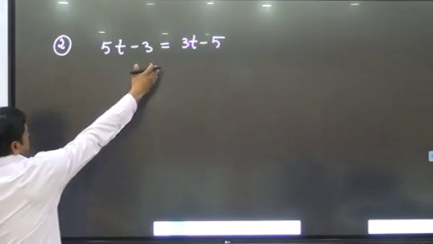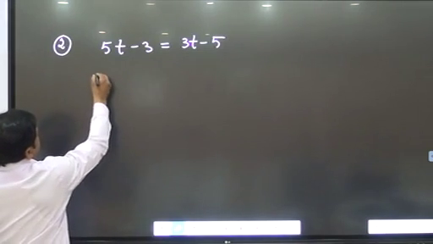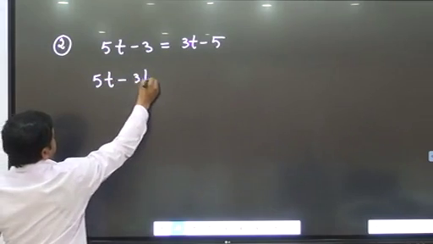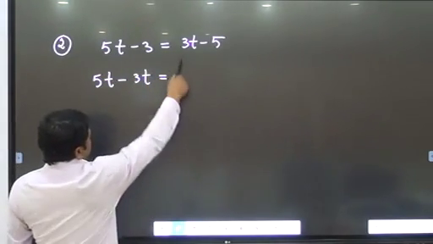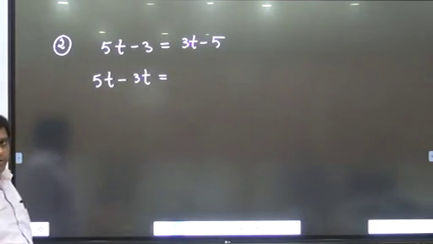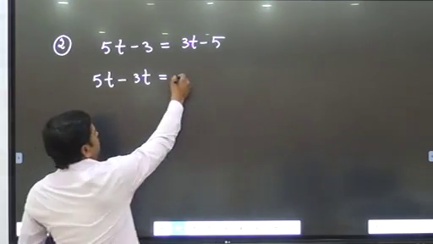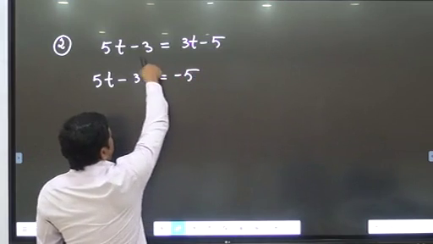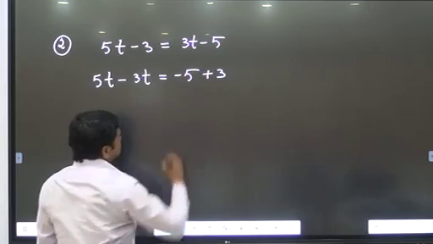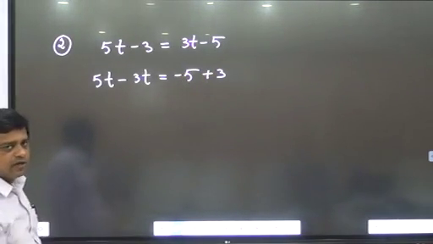So transfer 3t from right to left: 5t minus 3t equal to, because it is positive here, when we transfer to the left it will convert into negative. So minus 5, and minus 3 from here will become plus 3. Clear? Okay.